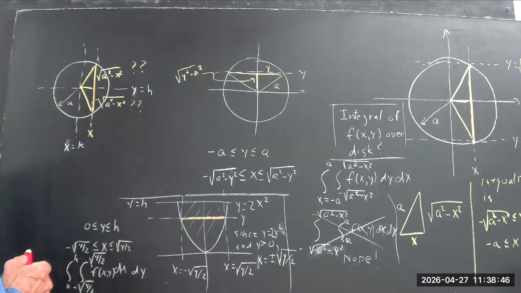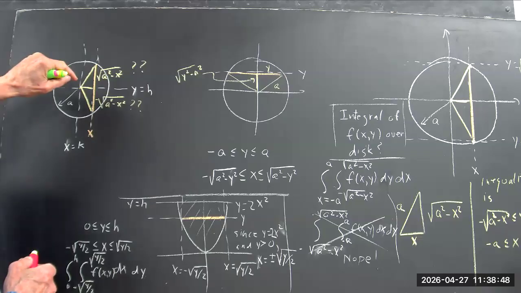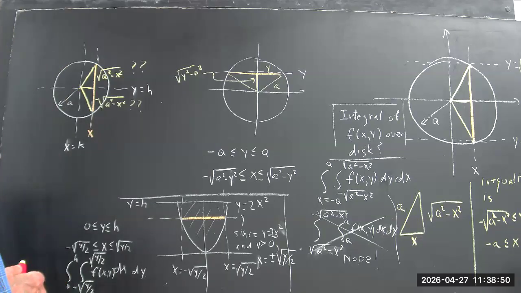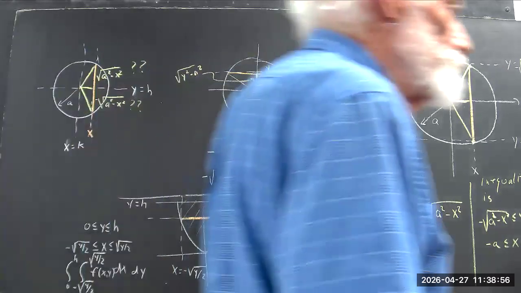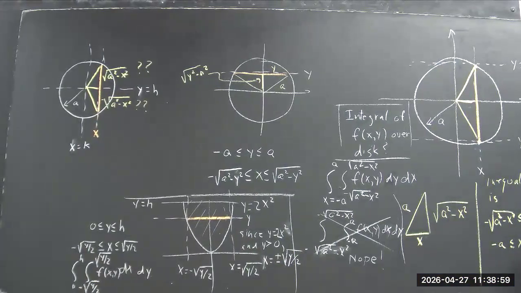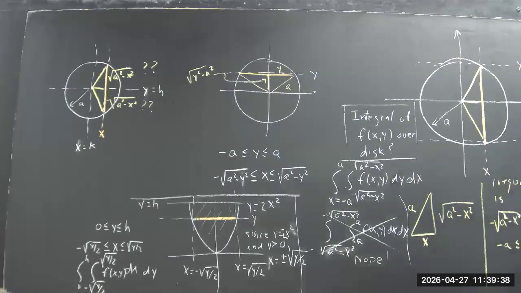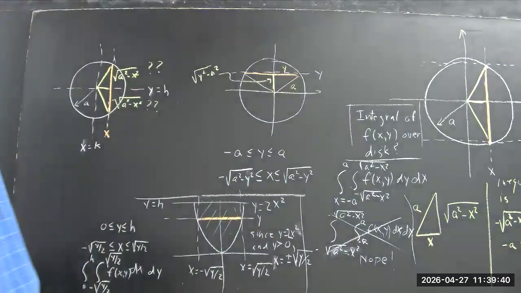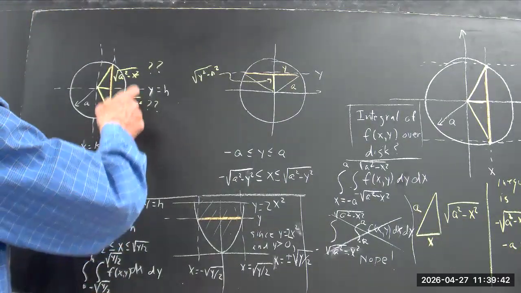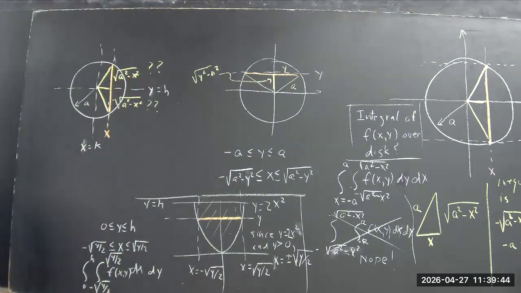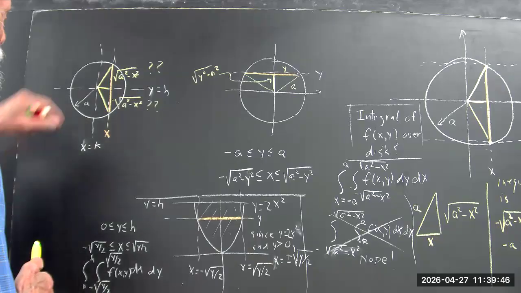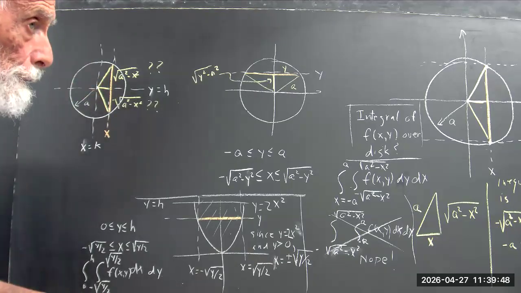The question is, let me stop a minute because I think I'm confusing it. Okay, now this isn't right and this isn't right because this leg here is not x.